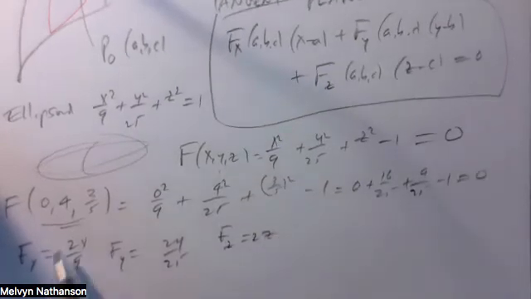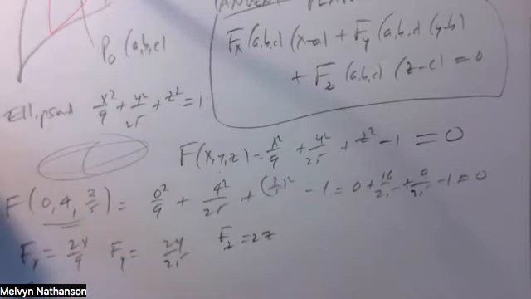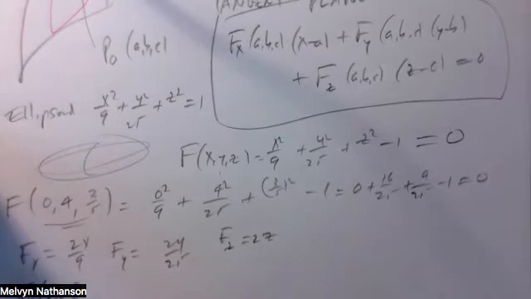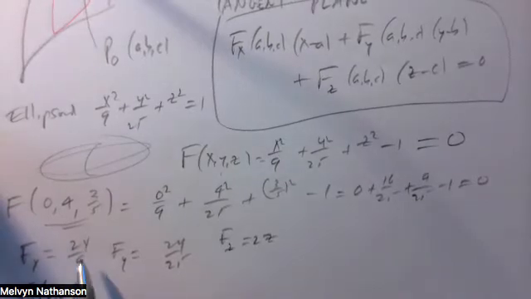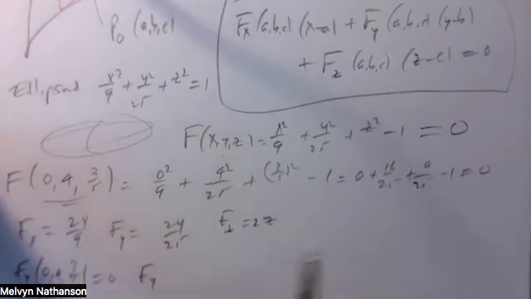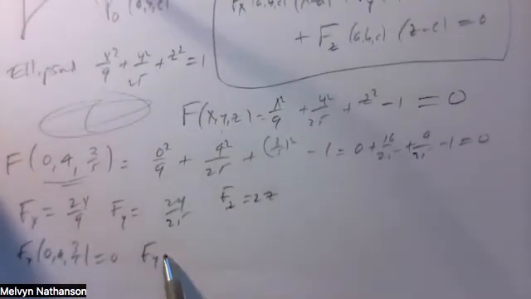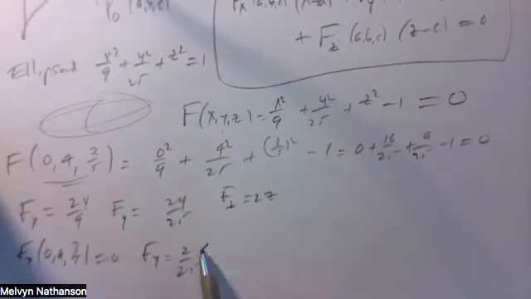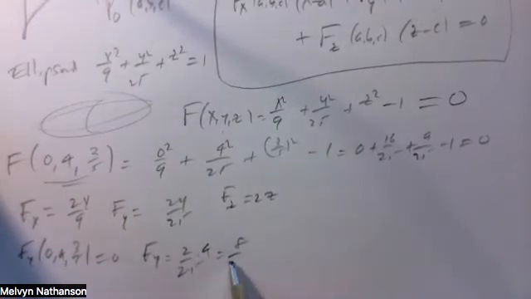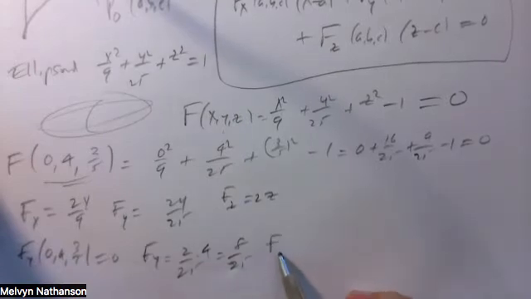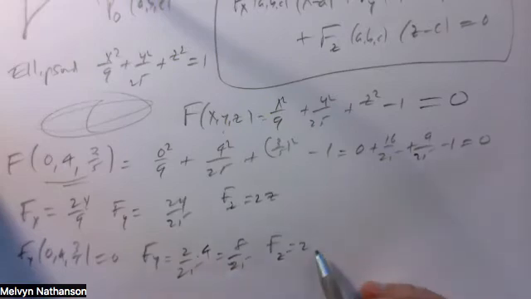When I evaluate these at the point 0, 4, 3/5, this is 2 times 0 is 0. F sub y, the partial of f with respect to y at that point, is 2 over 25 times y, which is 4, 8 over 25. The partial of f with respect to z at this point is 2 times the z coordinate, 2 times 3 over 5.